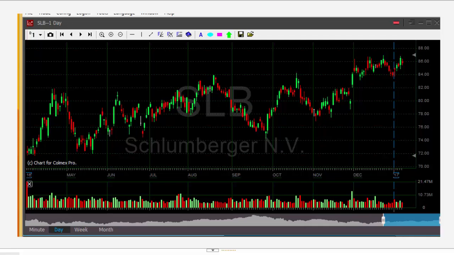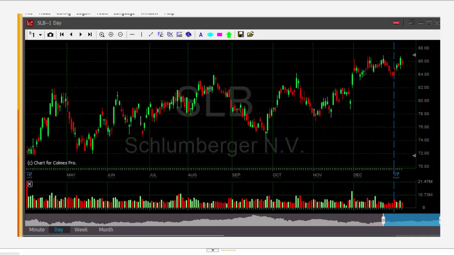So why, when a company lets you know that it's going to buy its own shares, does the price of the share go down? The price goes down because there are some forces behind the scenes that you need to know about. Yesterday we talked about the institutional traders.